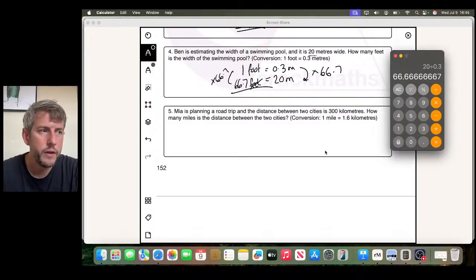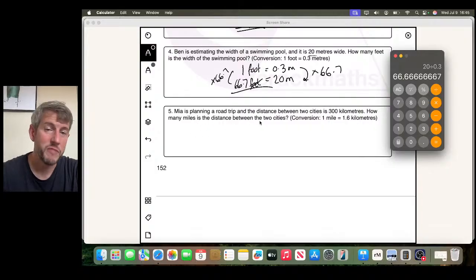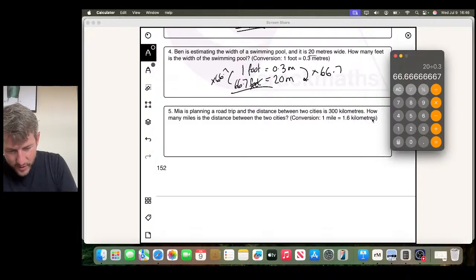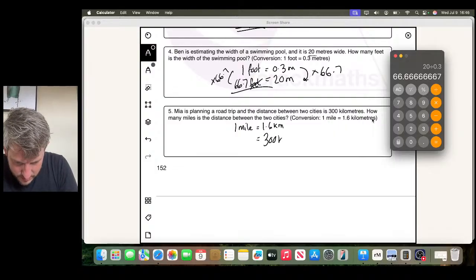Okay, question 5. Mia is planning a road trip and the distance between two cities is 300 kilometres. How many miles is the distance between the two cities? Conversion, 1 mile equals 1.6 kilometres. And then we want to get to 300 kilometres.